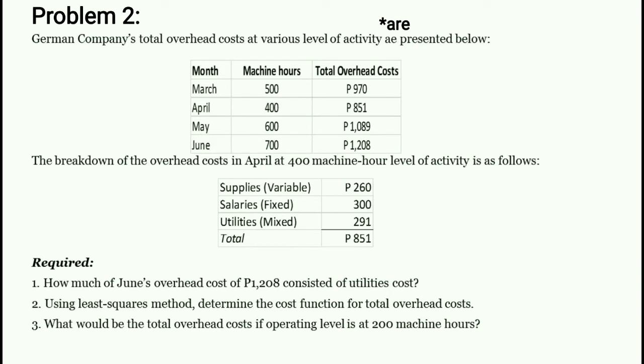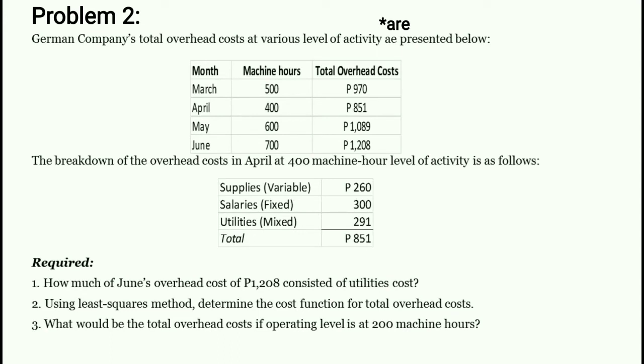Supplies, variable, 260 pesos. Salaries, fixed, 300 pesos. Utilities, mixed, 291 pesos. For a total of 851 pesos. Requirement number 1, how much of June's overhead cost of 1,208 pesos consisted of utilities cost?